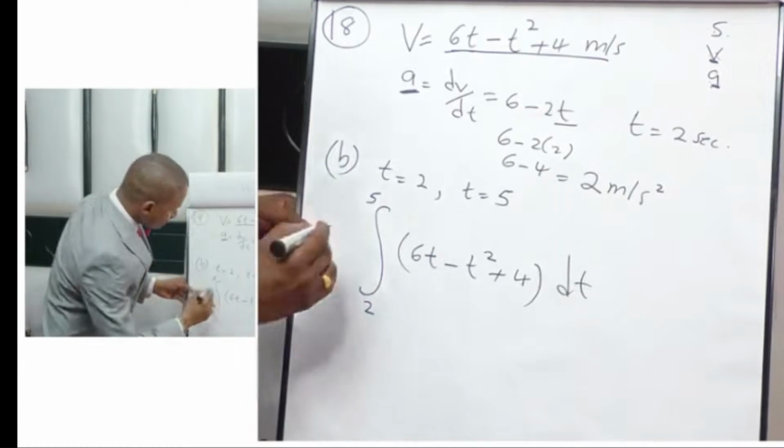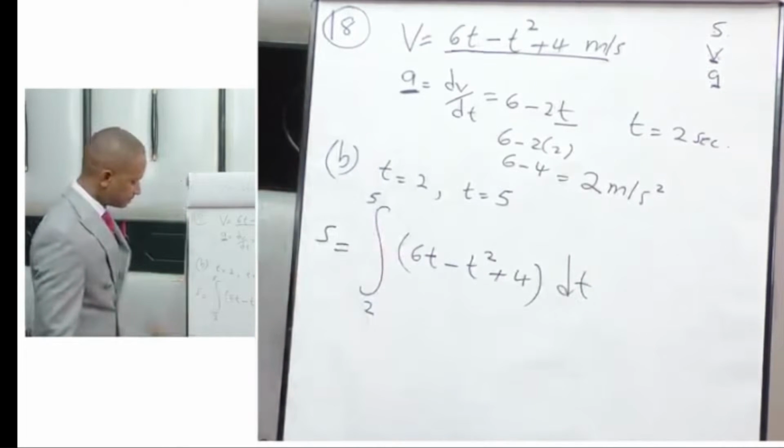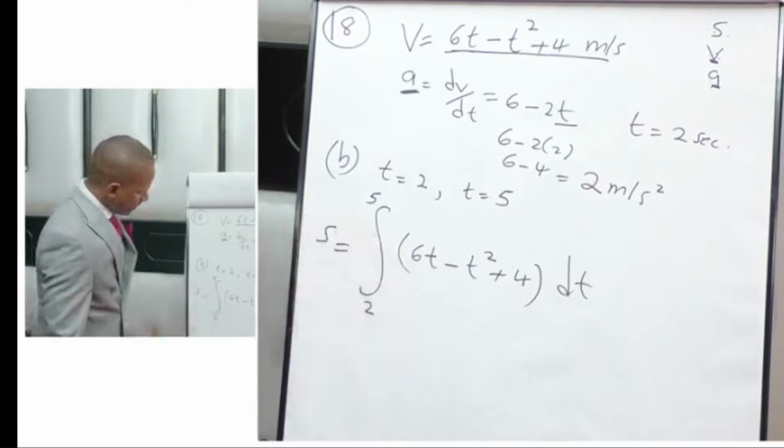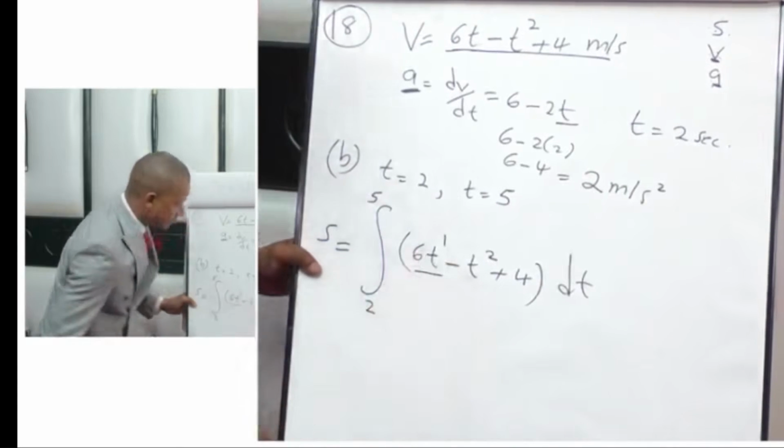So this is s equals that. Here, 6t is t to power 1.